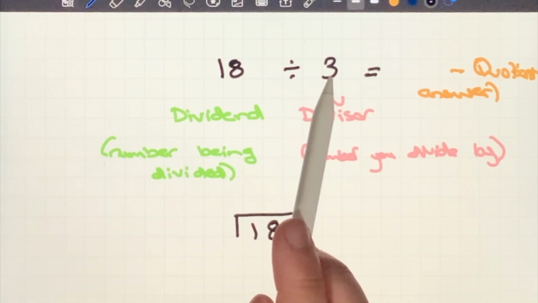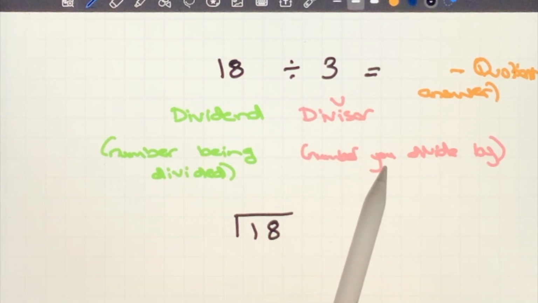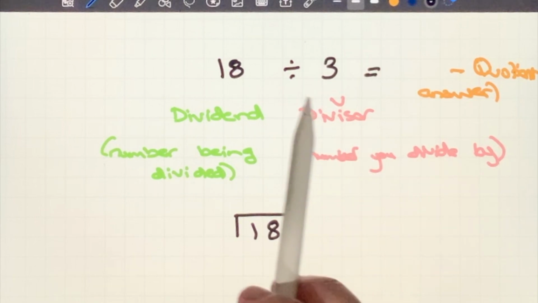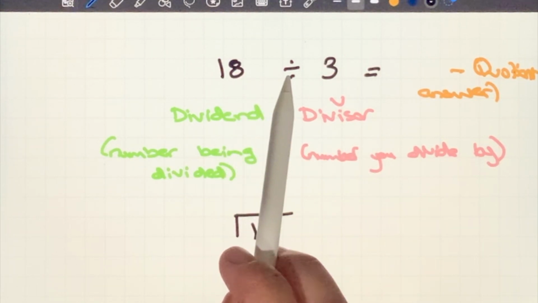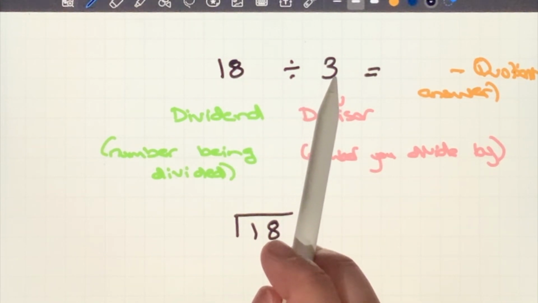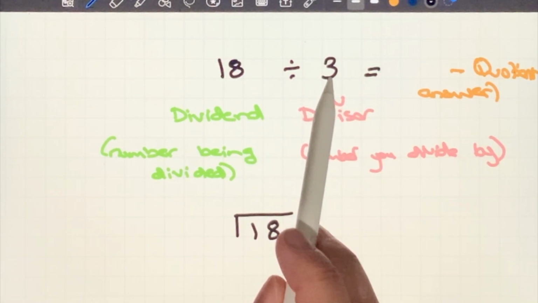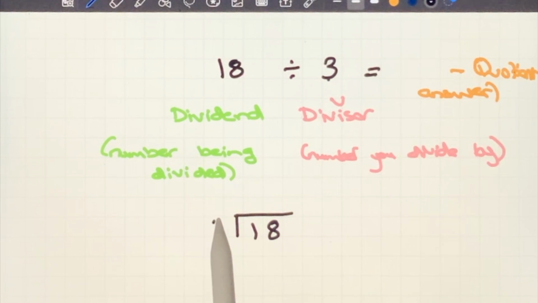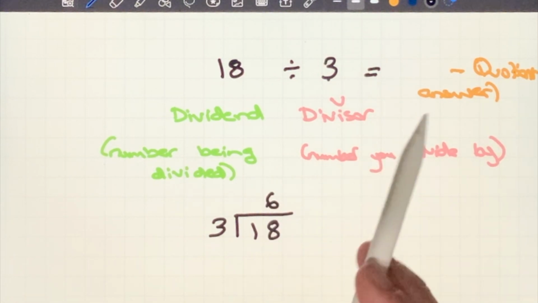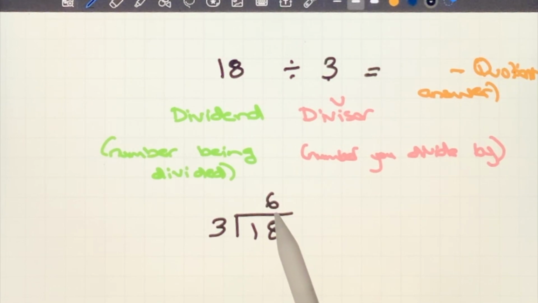And 3 is the number that I am dividing by. Okay, because I've said 18 divided by 3. So the number that you divide by is your divisor, and it goes outside. And when you divide 3 into 18, the answer is 6, and that is called your quotient.